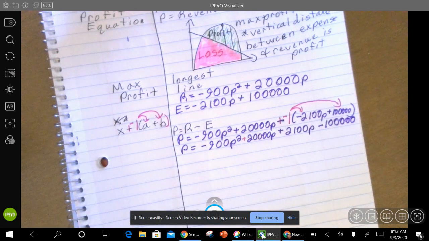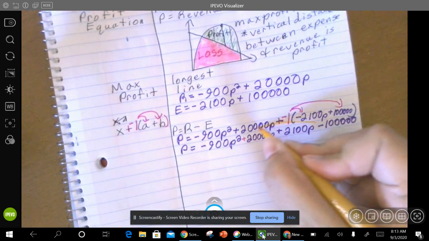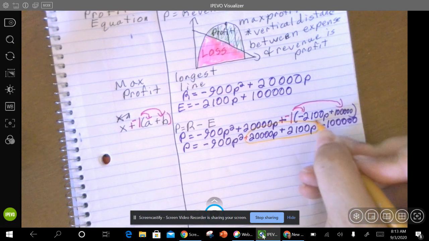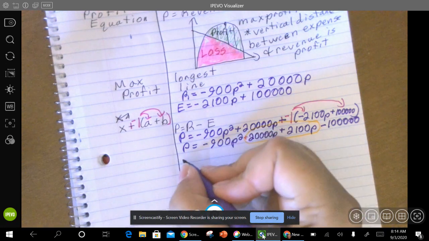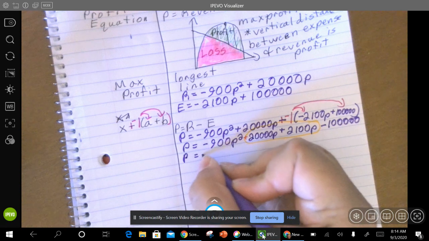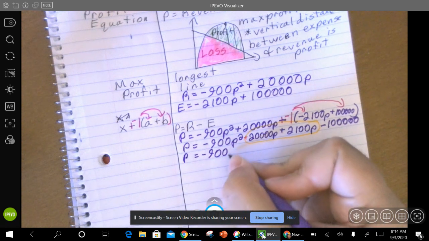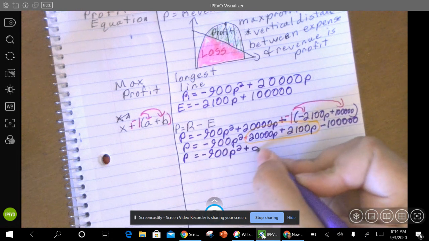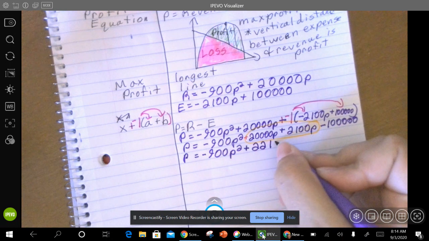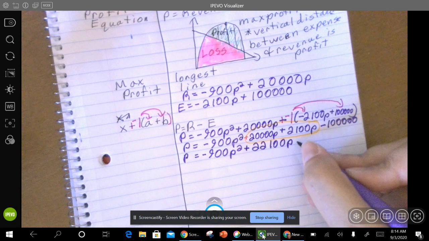We need to combine like terms. So we need to add the P terms together. So we get profit is equal to -900 P squared plus 22,100 P minus 100,000.